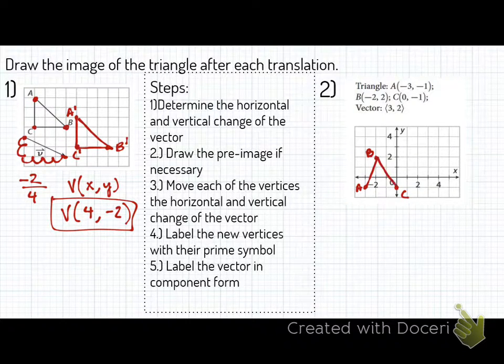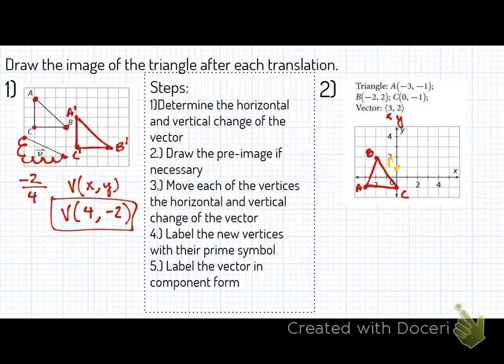This is our pre-image. Our vector is 3, 2, meaning the x value is going to be 3 and the y value we're going to add is 2. So on each of these, I'm going to move it to the right 3, positive 3, and then up 2. I'm going to use a different color to show you my image. From A, go over 3, 1, 2, 3, and up 1, 2, and I should have a point right here.